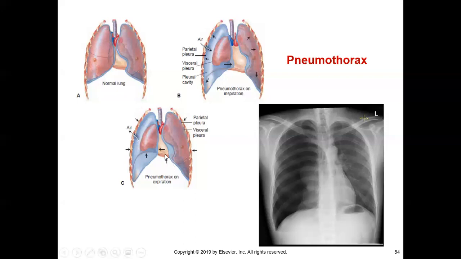So here we see pneumothorax on expiration. And this is the chest radiography. We can see this is asymmetrical in between the two lungs. And this is too much black compared to this, because too much air is here, particularly this angle.